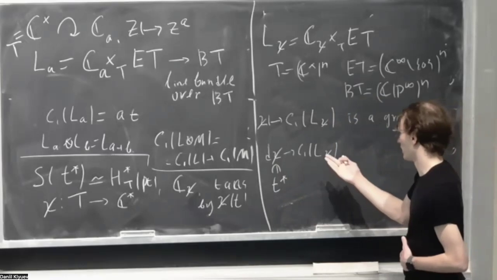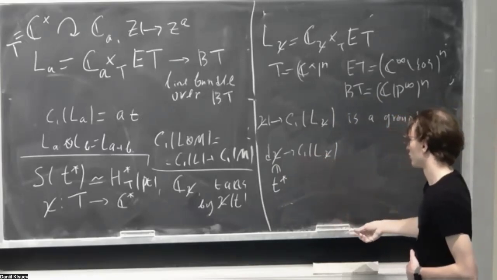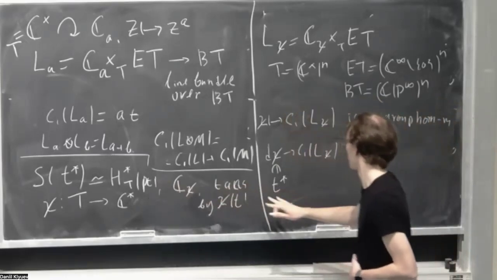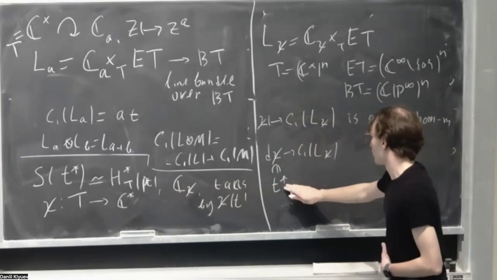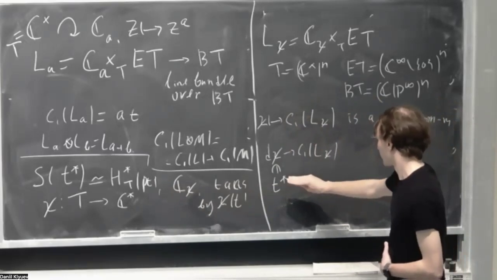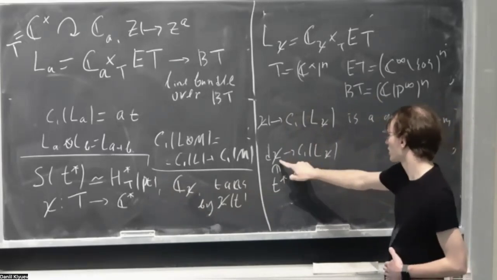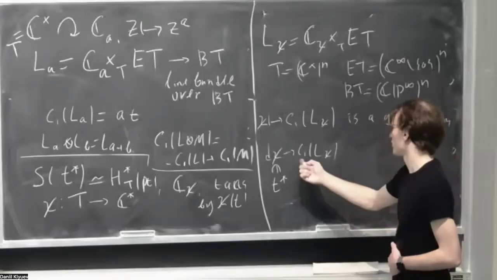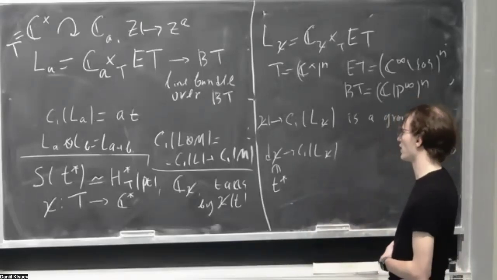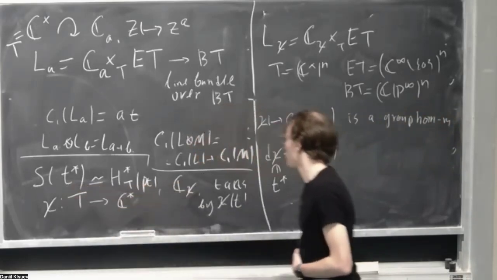And now you can extend this map to an isomorphism of algebras. Use tensor product with C. So this is only for integral elements. Then you can write non-integral elements just using linearity, and then you will extend here using multiplication.